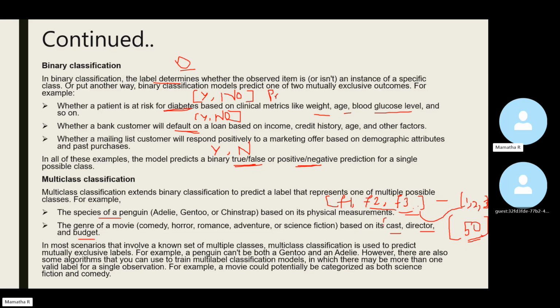If I have these three parameters, I can predict whether the movie is horror, romance, adventure, or science fiction. It can also be both comedy and horror. Usually it is one label, but sometimes there might be more than one valid label as the outcome of one observation.